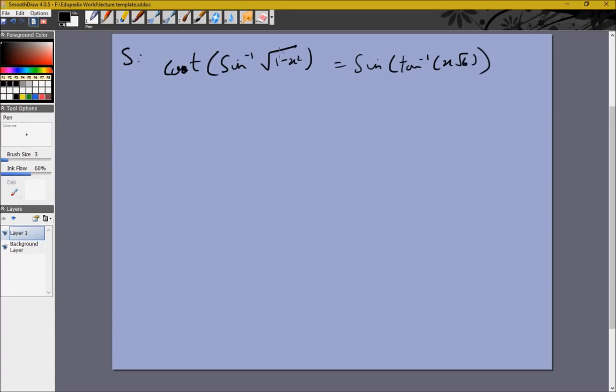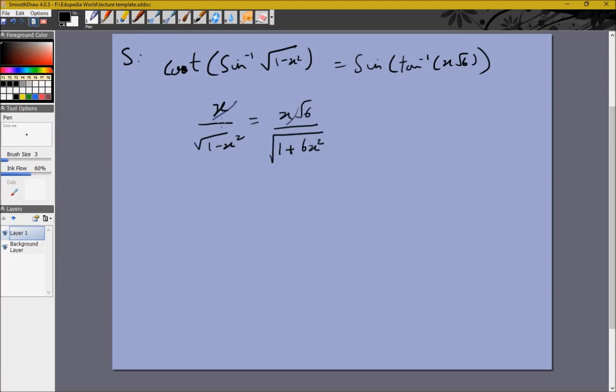Means root 1 minus x square is the perpendicular and 1 is the hypotenuse. Right? Perpendicular by hypotenuse. So that means x is the base. So this is x by root 1 minus x squared is equal to, again, x root 6 is the perpendicular, 1 is the base. So x root 6 by root of 1 plus 6x squared.